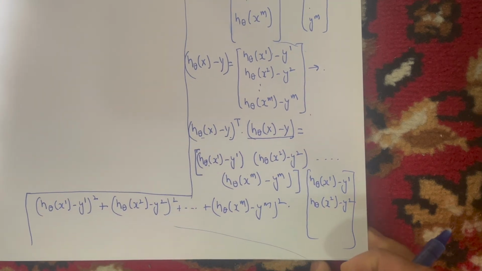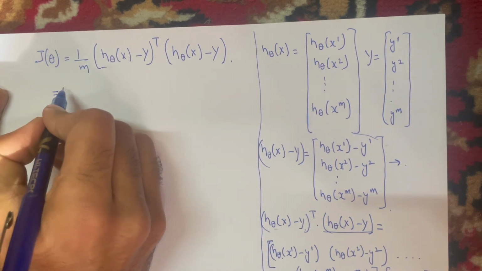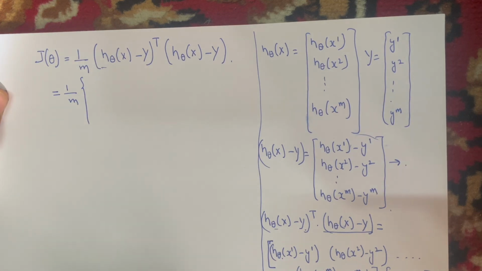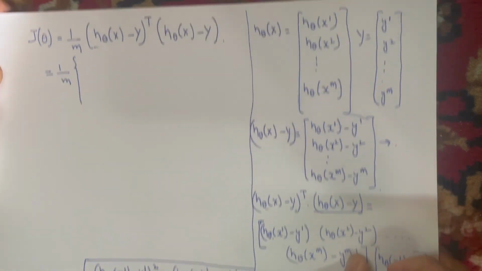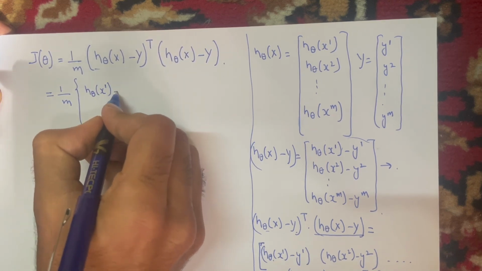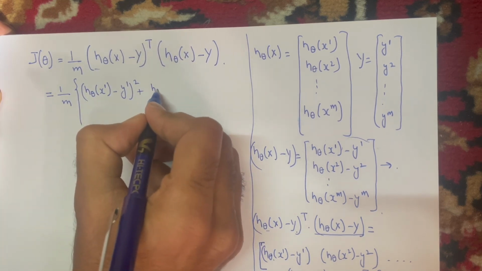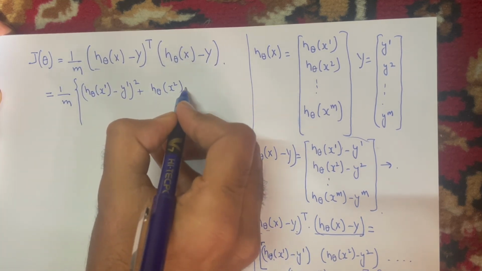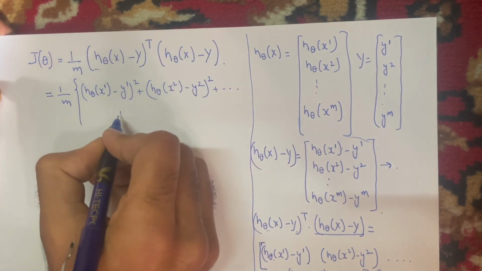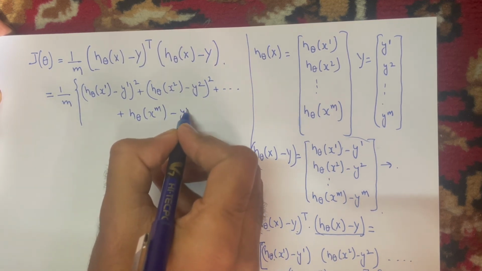Okay, so that means this particular entity is written like this: 1 by m, then these particular terms. What are these particular terms? h of theta x1 minus y1 square plus h of theta x2 minus y2 whole square plus dash dash dash plus h of theta xm minus ym whole square.